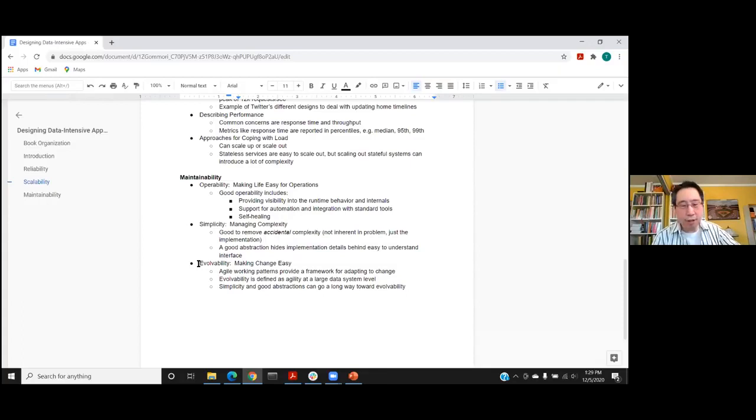On the surface, that makes sense, but I don't know if I really deeply grokked that. So I don't know if anybody has any comments, if they also didn't quite get it, or if they can help explain how evolvability is a lot like agile development.